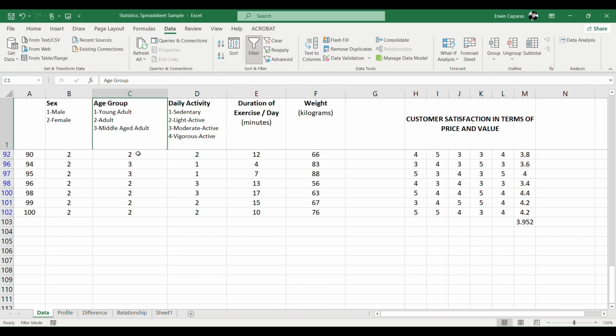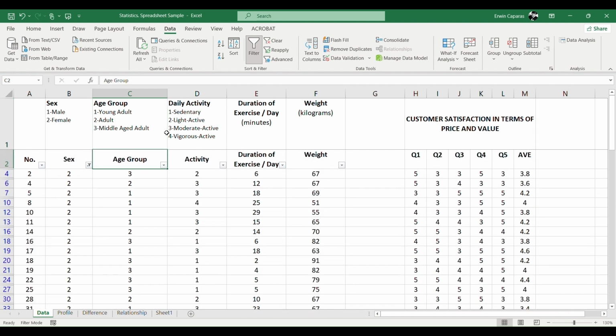Okay, so the use of t-test. We can also use t-test here. However, it will be a comparison between young adult, then adult and middle-aged adult, and then young adult and middle-aged adult. So we have to conduct three z-tests for this matter. Okay. So it will be too laborious.